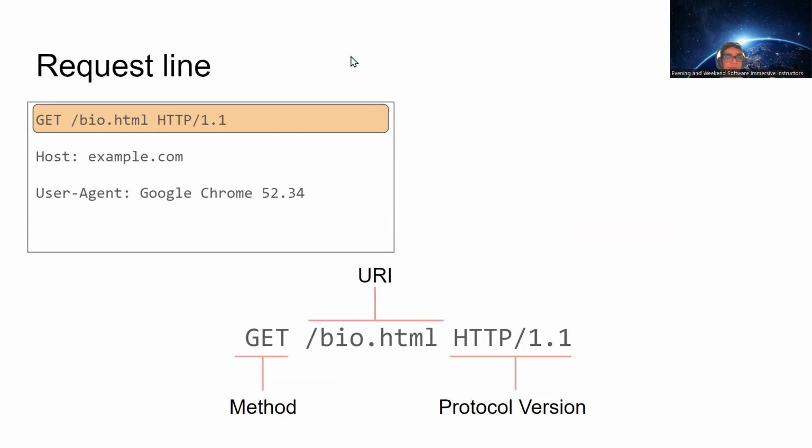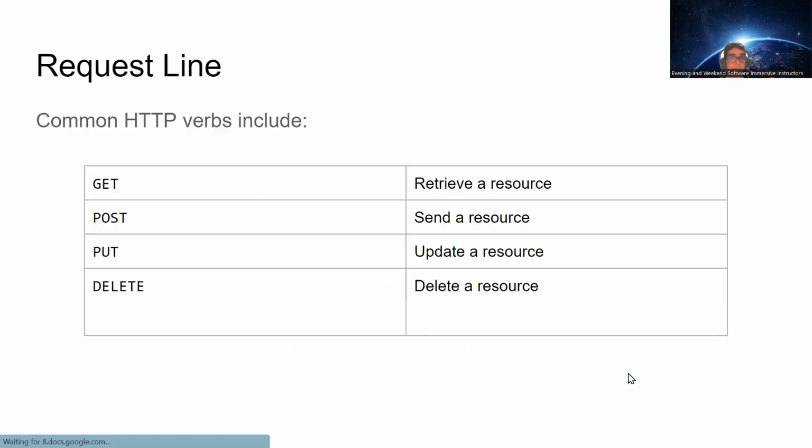So again, as it says here, the request line: the first thing is the method. Just like you have post, you have get, you can do update, read, etc. The next thing is the URI, which is the place or the thing that you want to get from the server. And then the HTTP part is the protocol version, which is Hypertext Transfer Protocol version 1.1.